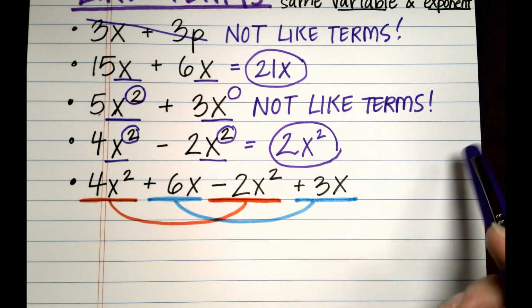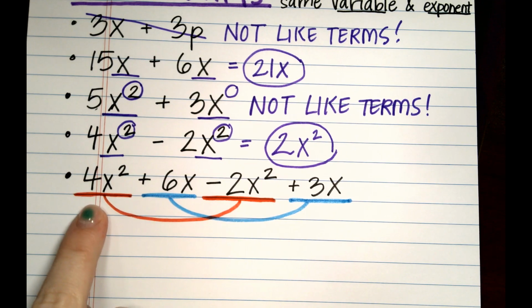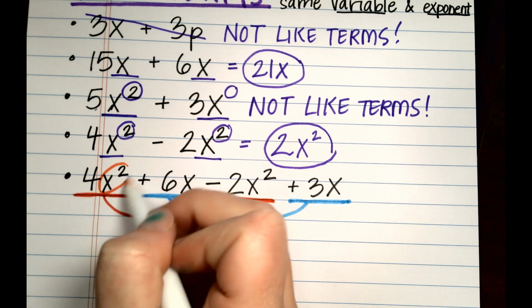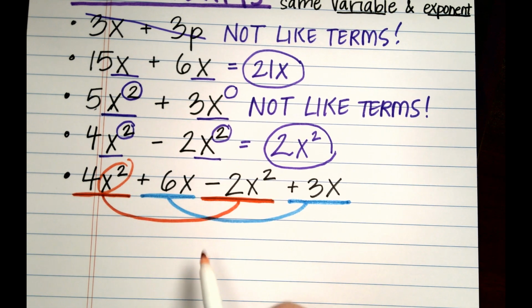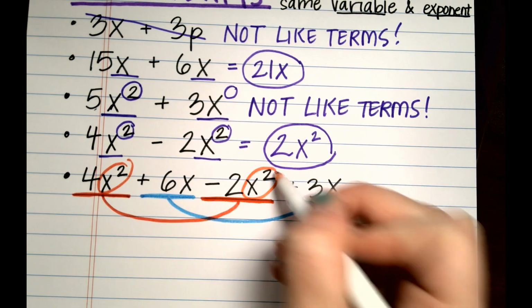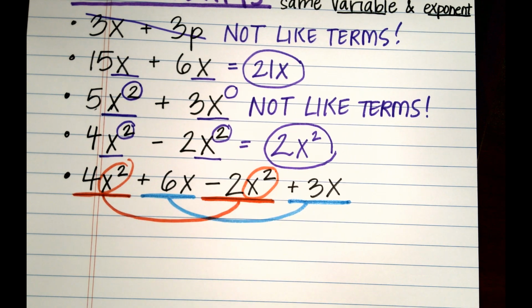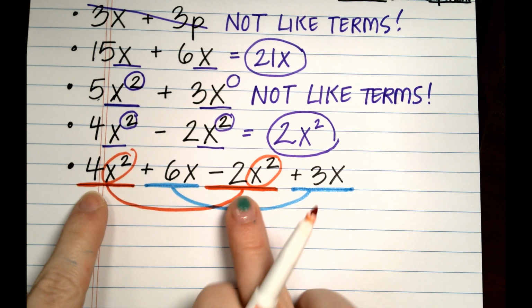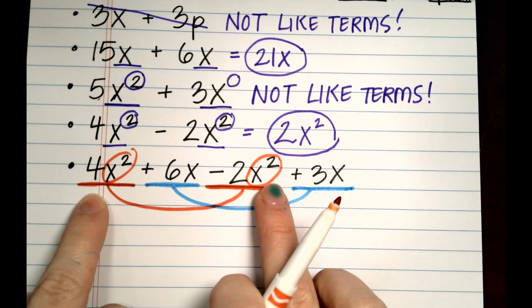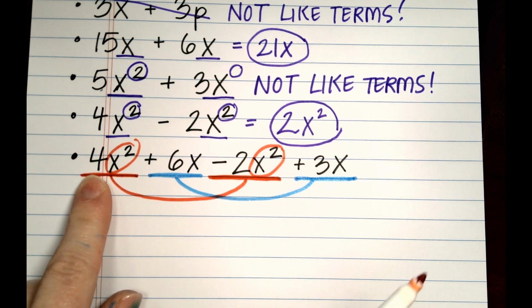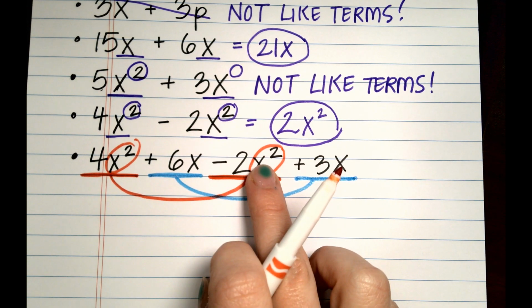Yes, we're going to combine them. I cannot combine any of my terms with x squared with x by itself. The x squareds go together. So let's start by looking at the x squareds. I have 4x squared. I have minus 2x squared.